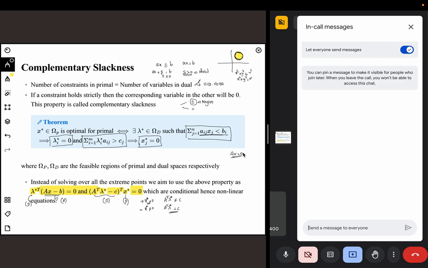Yes. So physically, what it means is like you have supply and demand. Let's say the LHS is my supply and this is my demand. Oh, sorry, it should be the other way around. So this is my supply, this is my demand.